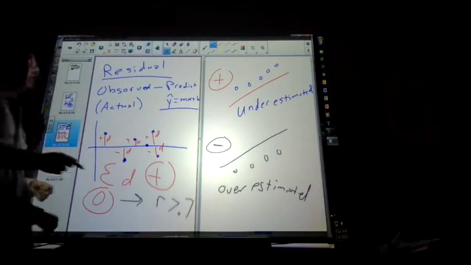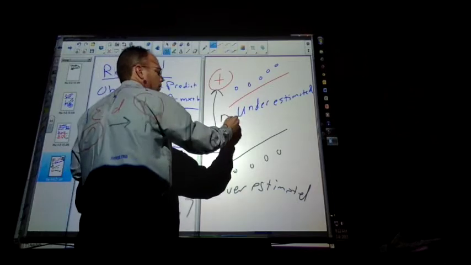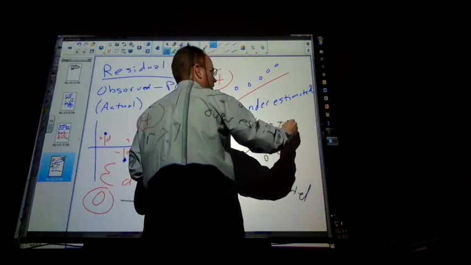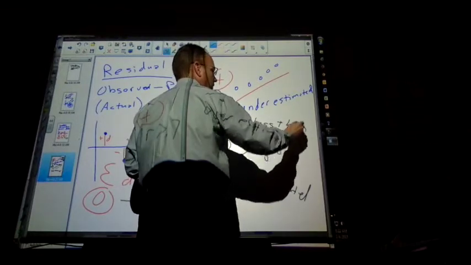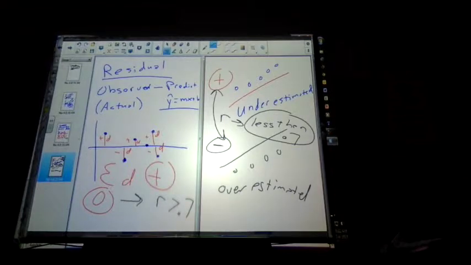So if I underestimate, our R value is going to be less than 0.7. So it's moderate to weak, depending upon how far it is.